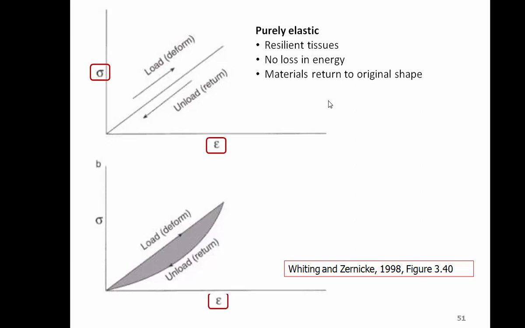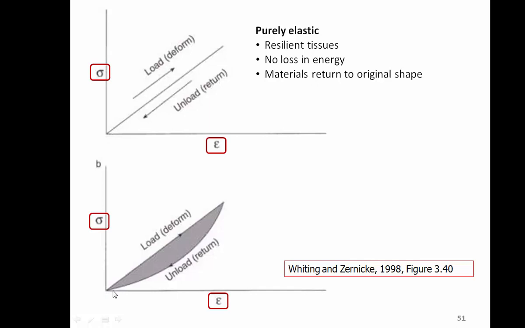Now, when we take a look at the bottom figure, we have a stress-strain relationship that's quite a bit different. Here we have a particular material that is placed under load, so it will naturally deform in response to that load. But at the very tip, when that load is removed, we see that the tissue will start to return back to its original shape much quicker, because it's very steep here, and then it starts to slow down.